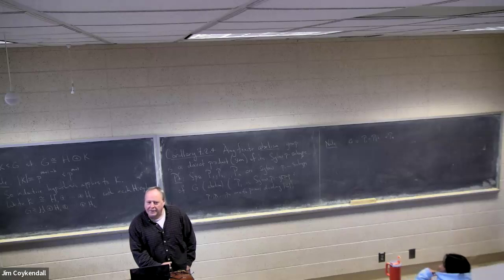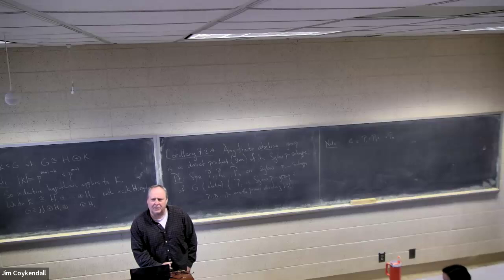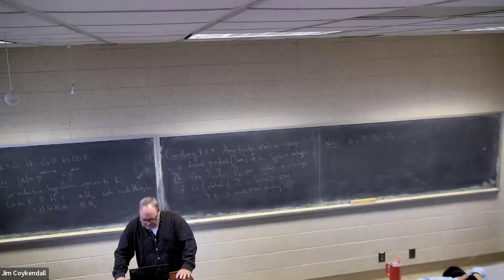Notice everything in here is the sum. Now, wait a minute, I'm playing a little bit fast and loose here. Can somebody explain why this is true? How do I know that everything in G is a sum of the Sylow p-subgroups?